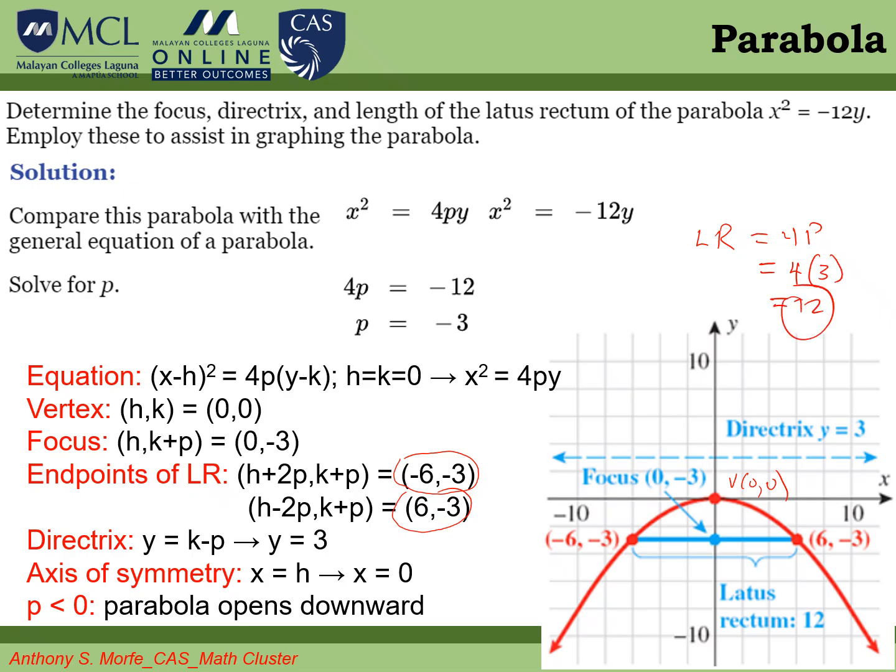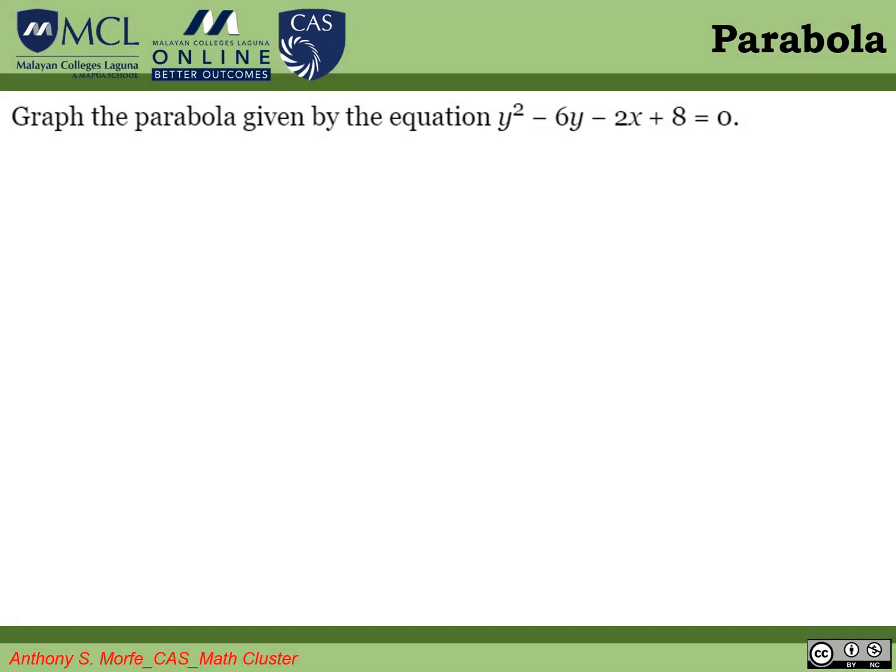If you measure that, that is 12 units. We are asked for the length of the latus rectum, that is equal to 12. Any question? I hope you understand this one, class. So let's move to another example.